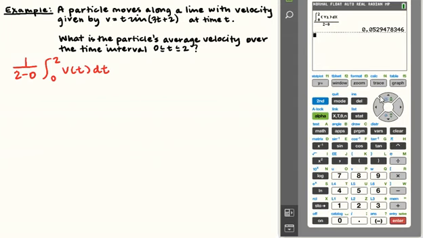Just like we wrote it down. And then we get 0.053. Remember, in this class, always round to 3 decimals. If you wanted to write this as 0.052, because you're just reading off the first 3 digits you see, that's also acceptable. Either way.